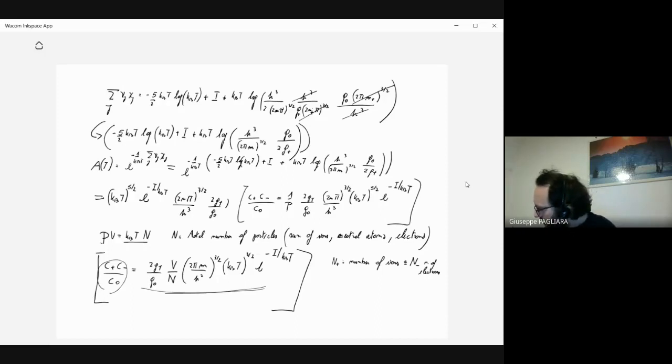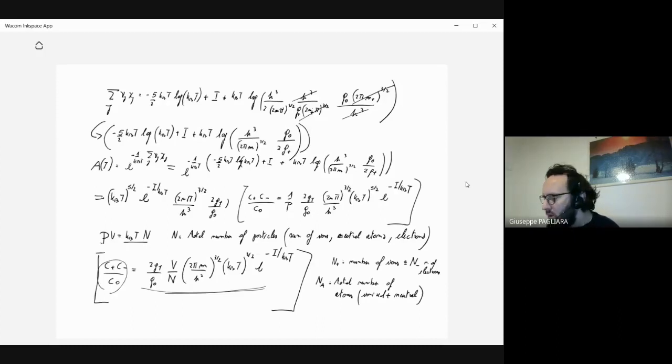Okay? And suppose that Na will be the total number of atoms, which means ionized plus neutral. Whereas N was the total number of particles, so ions, atoms, and electrons.